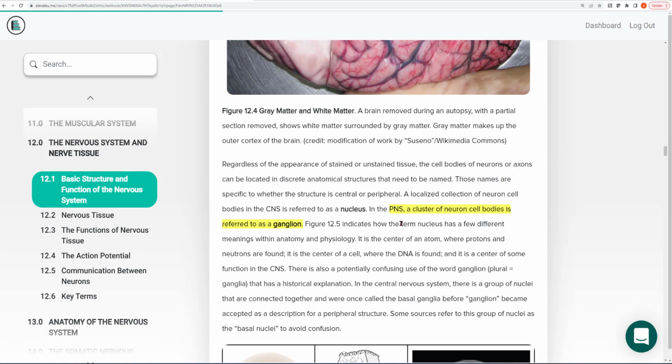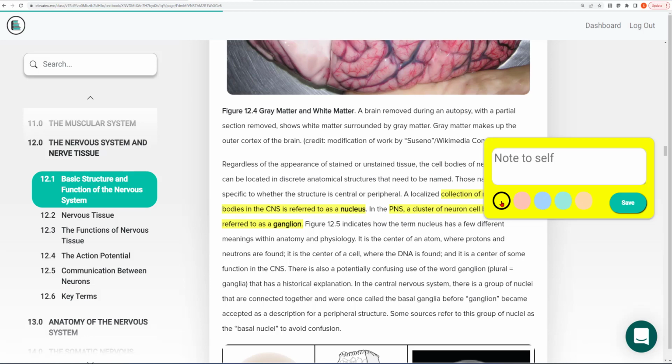Turns out that when we're discussing the central nervous system and the peripheral nervous system, there are going to be different names for similar components within these two divisions. So the same thing found in the CNS is called a nucleus. A nucleus is a collection of neuron cell bodies in the CNS.